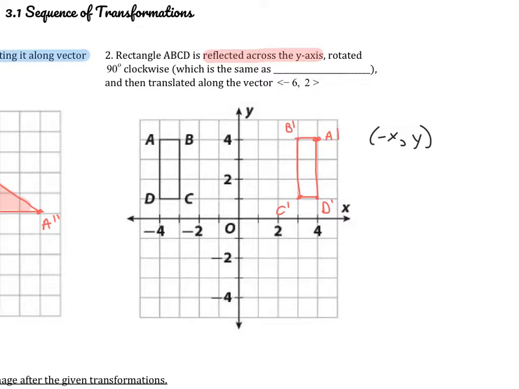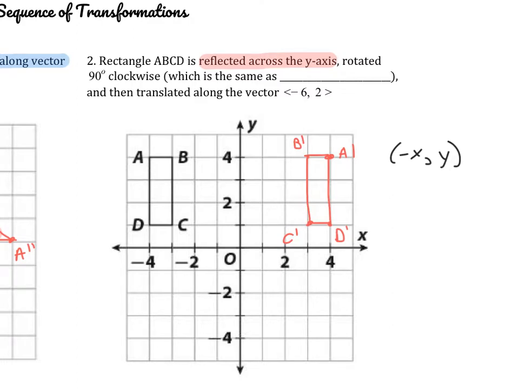For my second transformation, we're asked to rotate our figure 90 degrees clockwise, and this will be about the origin. Previously we've talked about rotations, but we've only done counterclockwise rotations.